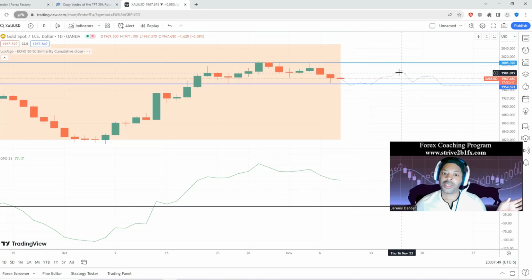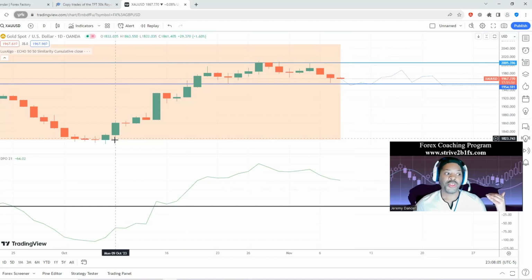My forecasting indicator is saying it could pull back all the way to 1985. So to be on the safe side, once this area has been broken and gold drops below 1950, we should see gold fall back into this range right here. And you can see this is a juicy setup, guys.